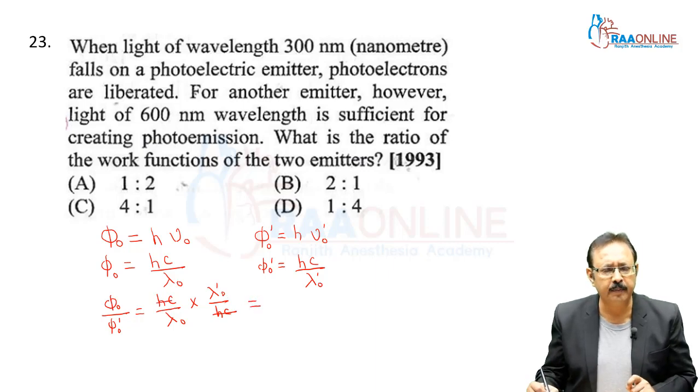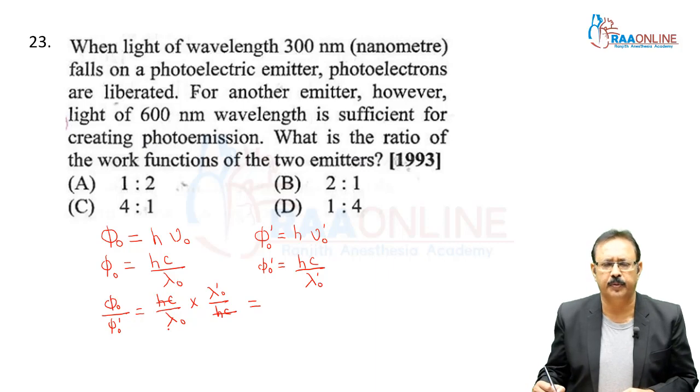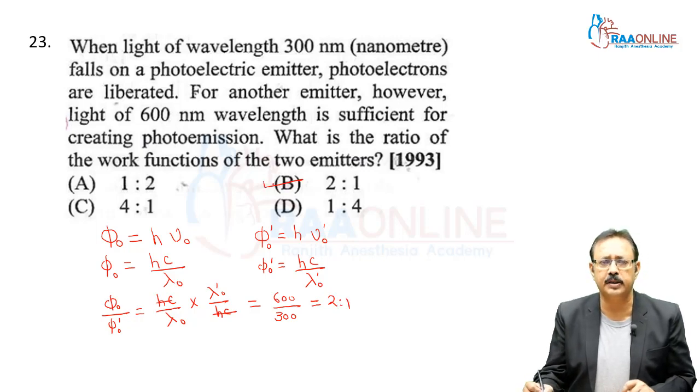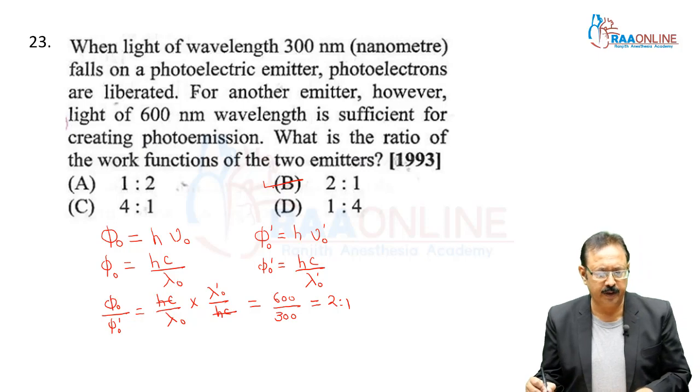What you will get is lambda dash naught by lambda naught, and lambda dash naught is 600 nanometer. Initially it was 300 nanometer. So what are we getting? 2:1. So we will go with option B, 2:1. So 23rd is B.